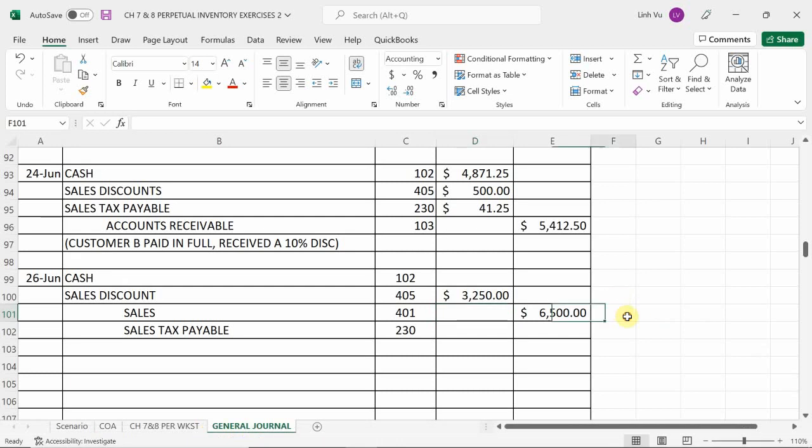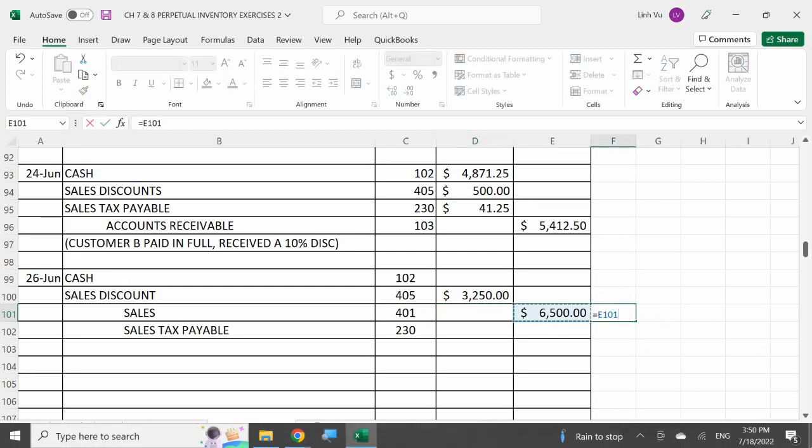$3,250. Okay, so again, you can go ahead and do your math here real quick to get your subtotal, because you are going to be using the discounted price to charge the sales tax, right? Because that's how much you actually sold.